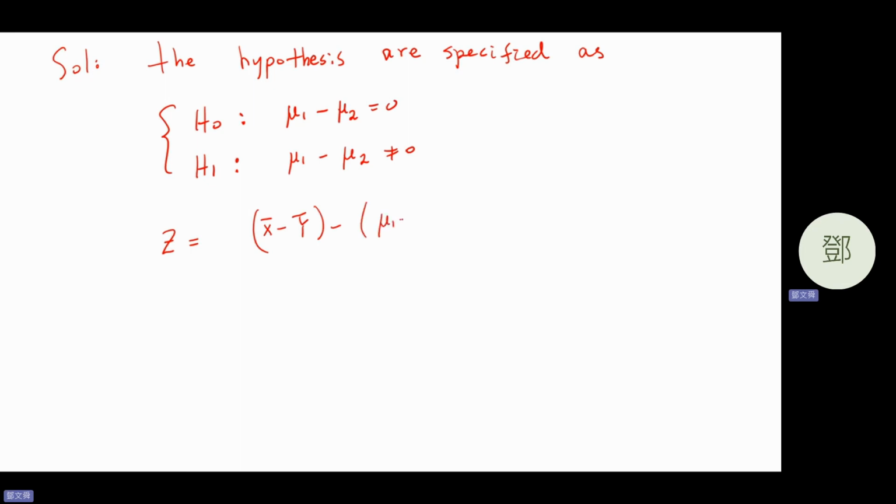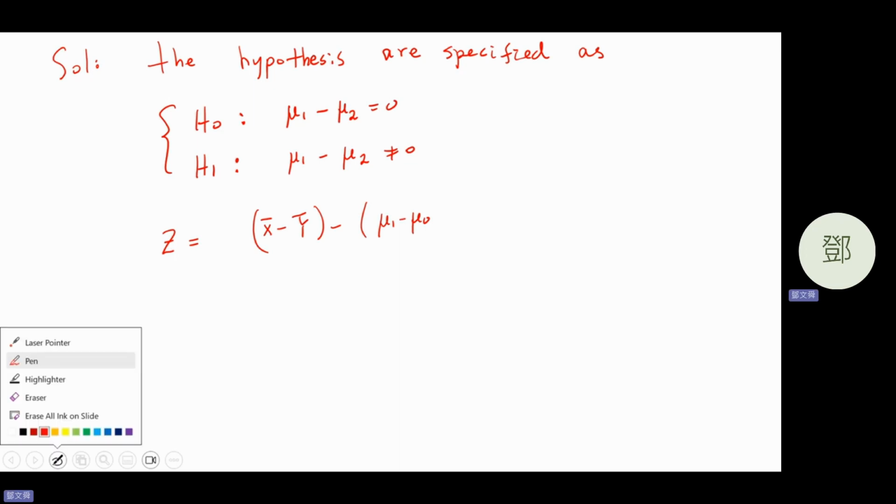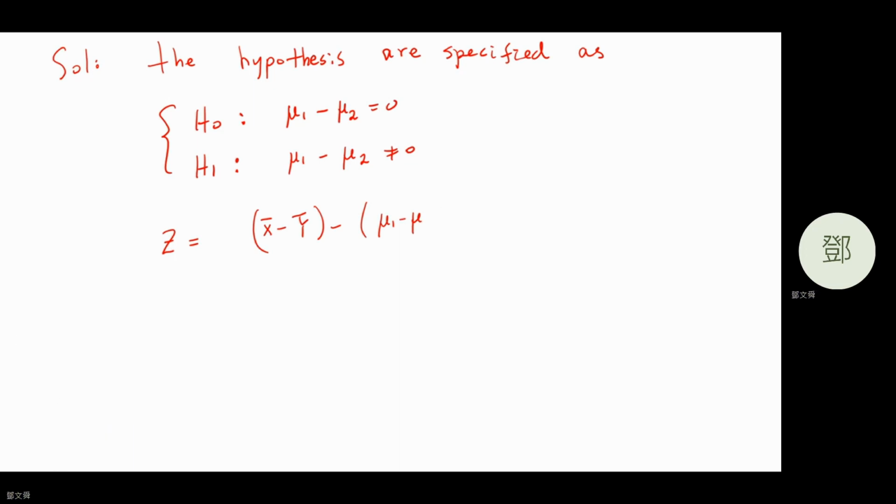Minus mu1 minus mu2 under the null hypothesis. It's 0 here.